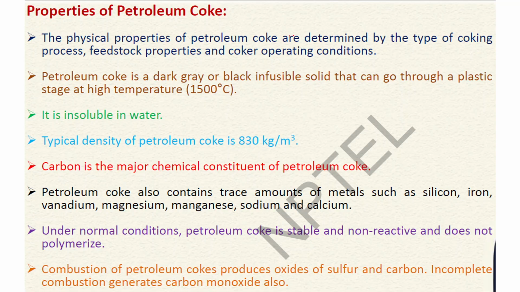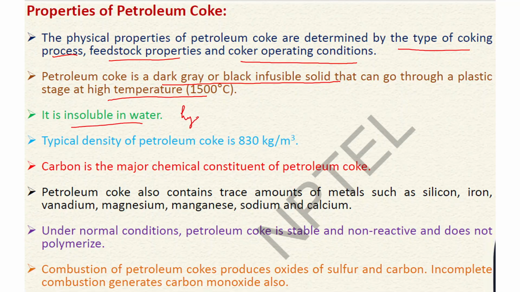The physical properties of petroleum coke are determined by the type of coking process used, the feedstock properties, and the coking operation conditions. Petroleum coke is a dark gray or black infusible solid that can go through a plastic stage at a higher temperature of 1500 degrees C. It is insoluble in water. As I told, it is hydrophobic, which is a very good quality as a fuel. The density of petroleum coke is 830 kg per meter cube.